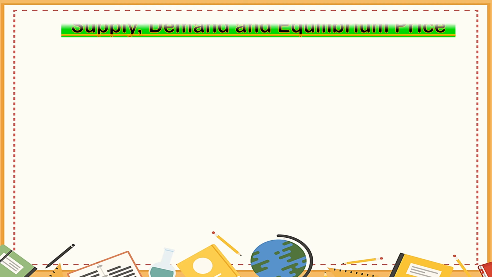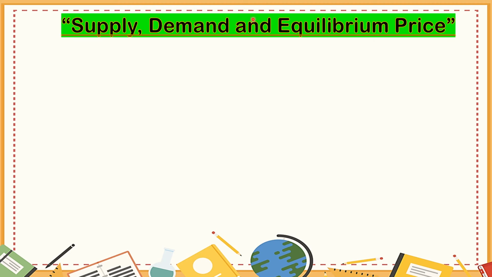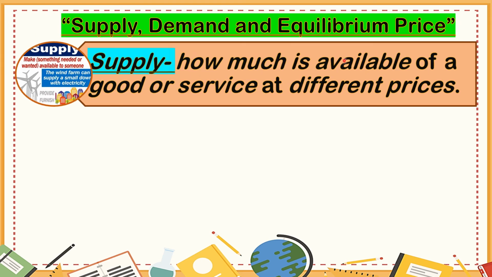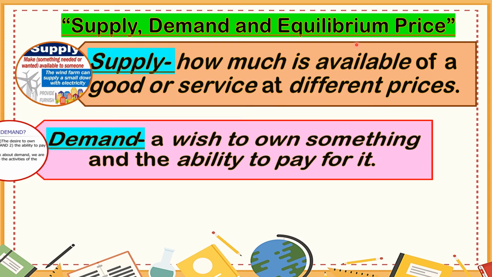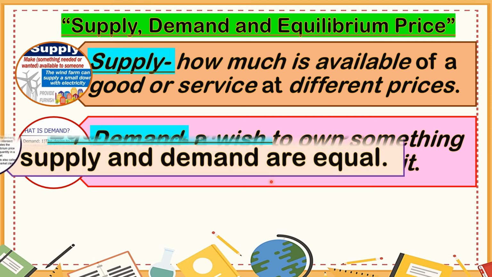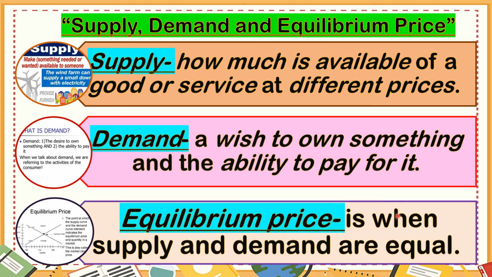Let us study about supply, demand, and equilibrium price. So supply, how much is available of a good or service at different prices. Demand, a wish to own something and the ability to pay for it. And the last one, equilibrium price, is when supply and demand are equal.